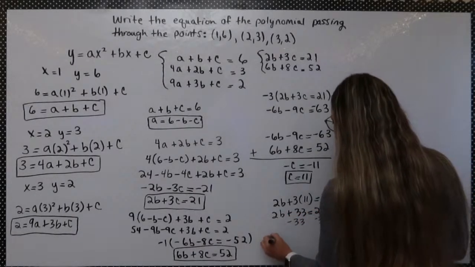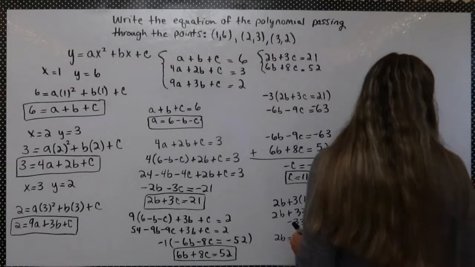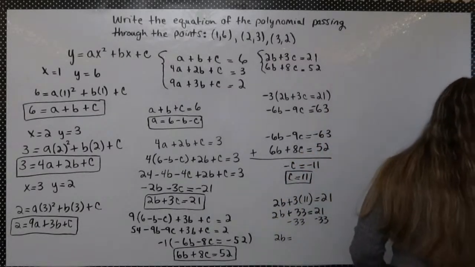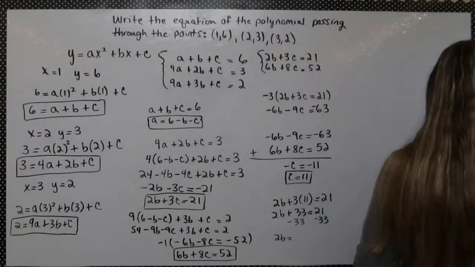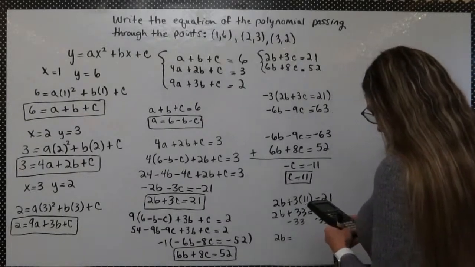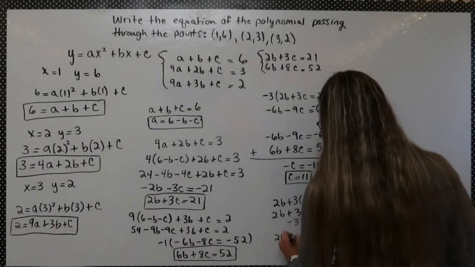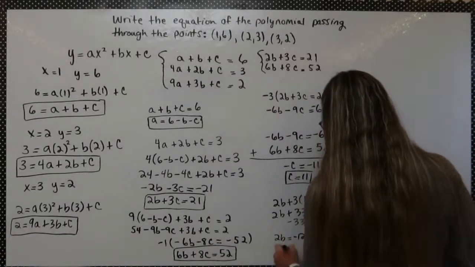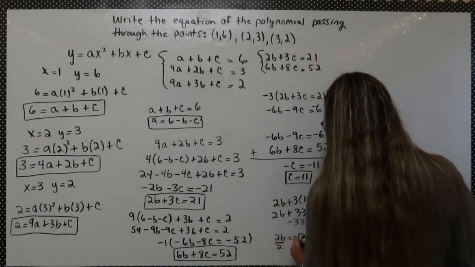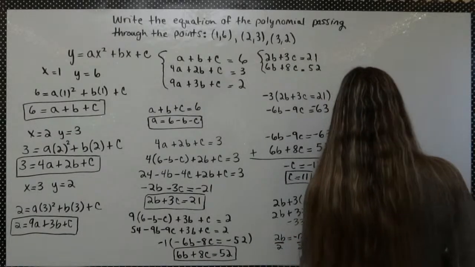So that's going to give me 2b equal, 21 minus 33 is negative 12. So divide off the 2 from both sides, and it's looking like b is negative 6.